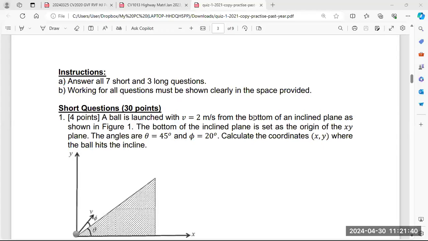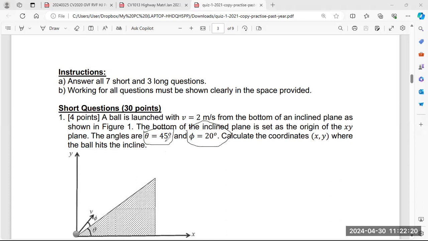Okay, you can see this, right? A ball is launched with this velocity from the bottom of an inclined plane shown in figure 1, and the bottom of the inclined plane is the xy plane. We can see that the theta here is 45 degrees and the phi here is 20 degrees.